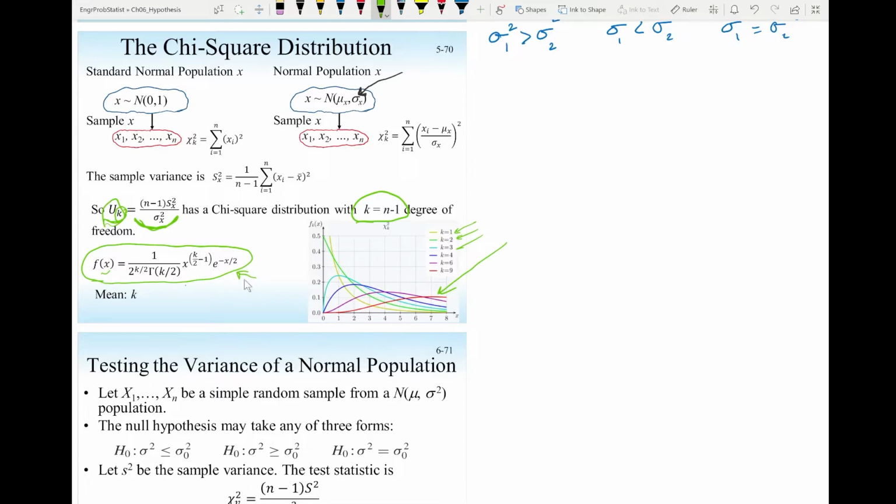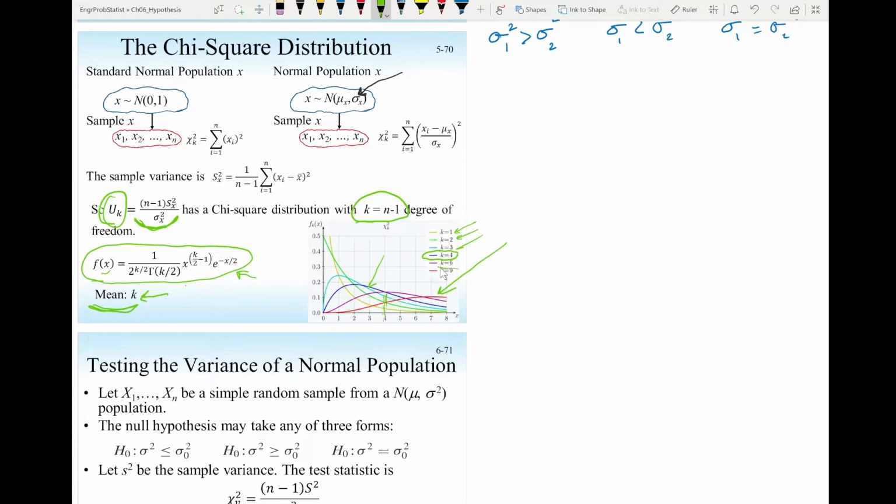We're going to use the table, or there is software that can give you the exact probability. But one thing I want you to pay attention to is the following. The mean of the random variable u of k is k, which is the degree of freedom. Let's take the degree of freedom 4 here, which is this blue one. So the mean will be around 4, which is somewhere here.